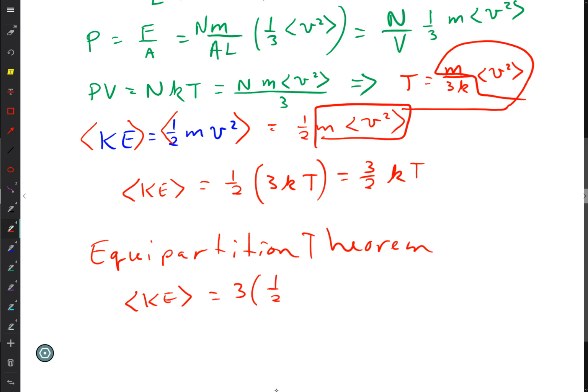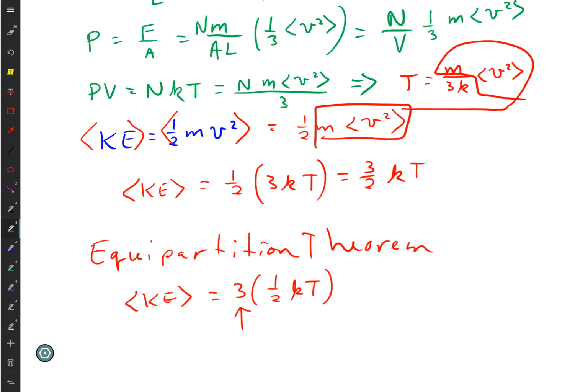So we have 1/2 kT is the amount of energy in each degree of freedom. And right now it sounds like, okay, so that's really not useful to me. But we will learn later about diatomic molecules, and diatomic molecules have more degrees of freedom. I mentioned this in an earlier class period. It might have been 251. That diatomic molecules can have vibration, and in vibration you have 2 degrees of freedom.